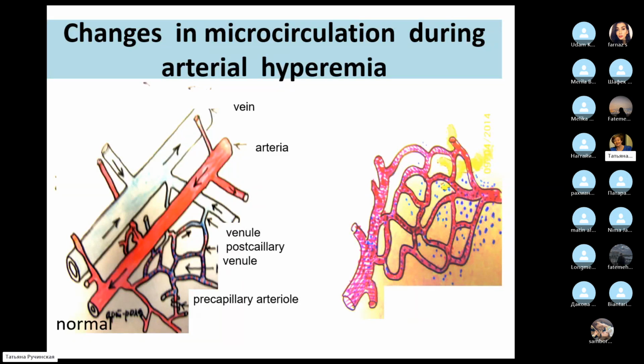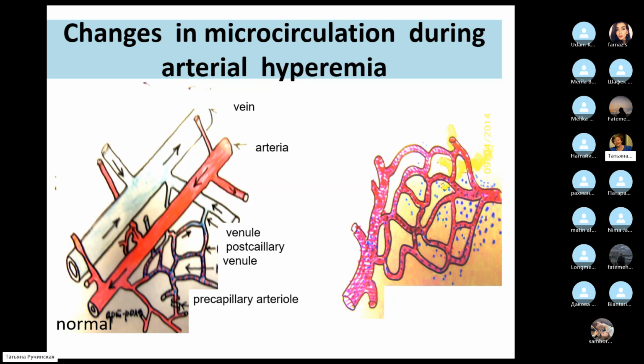Why? Because during arterial hyperemia, there is increased blood flow velocity. Increased blood flow velocity doesn't permit tissue to reabsorb more oxygen from the blood. And that is why oxyhemoglobin appears in venous blood.